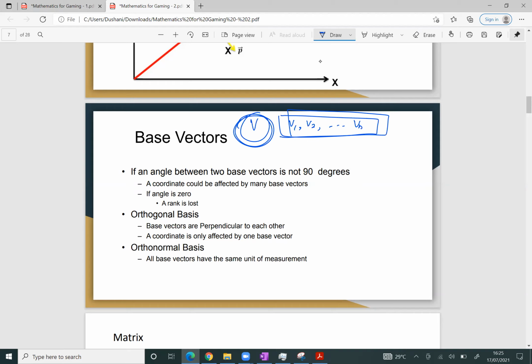But to do so, each and every vector has to be an element of the vector space V. That is what a basis vector basically means.